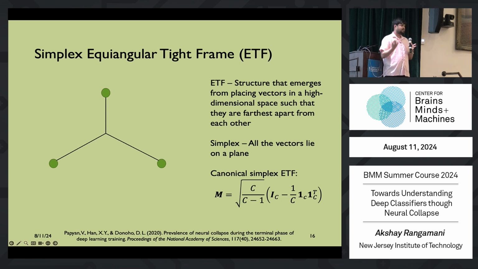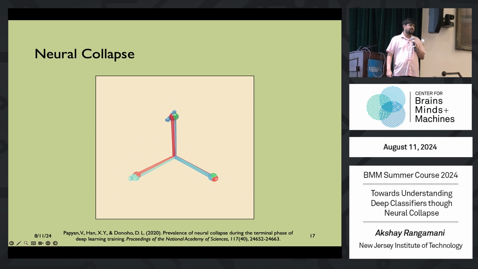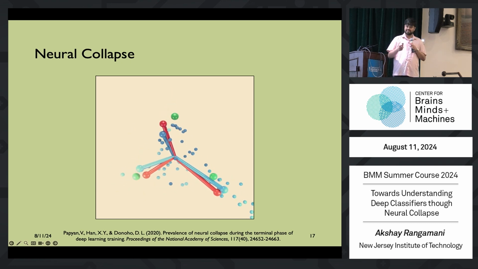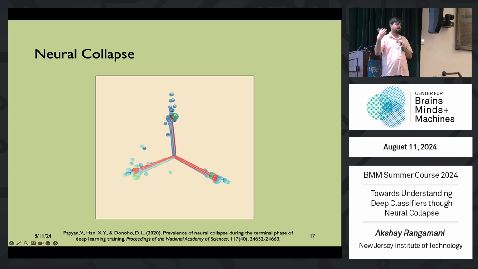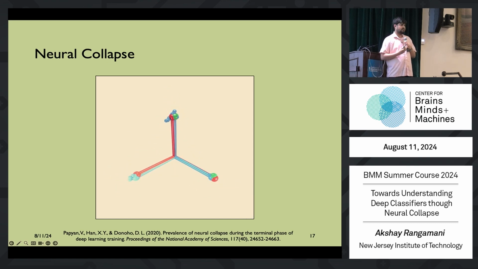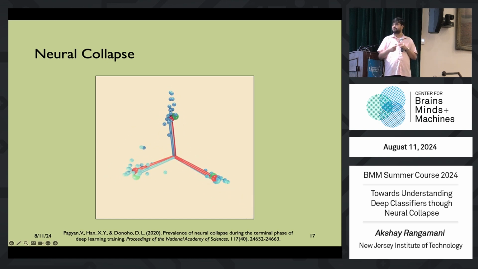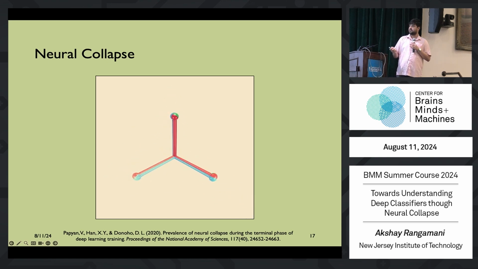So I've given you a bunch of statistics. What is neural collapse? It's basically this GIF over here. This GIF is an evolution of what happens to the feature vectors and the classifier vectors over time as you train them, and you'll see a couple of things happening.